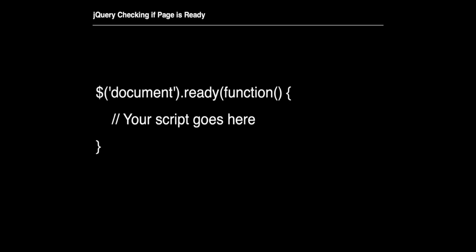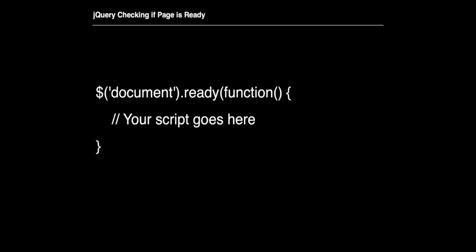So another good thing to do with any JavaScript document is to wait until the HTML document is fully loaded before running your JavaScript code. Mainly because if you are running JavaScript that's interacting with something in your HTML and the HTML element isn't loaded yet, you can get an error.